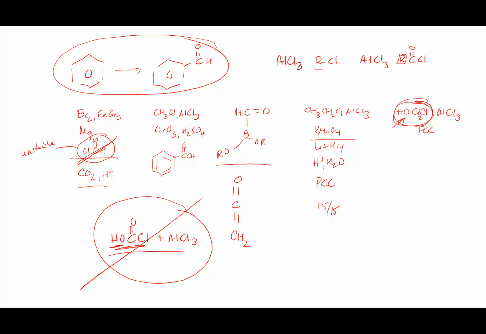Go over the basic and non-basic anyway, whether something's basic or not basic. Okay. So for basic and non-basic, what it means is you're looking at a nitrogen and you're determining whether or not the lone pair on the nitrogen is part of or not part of the aromatic ring system.